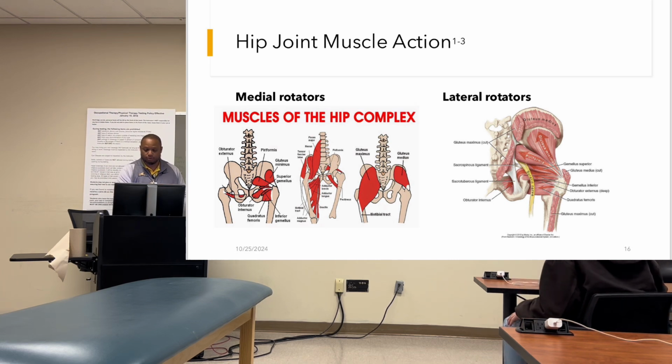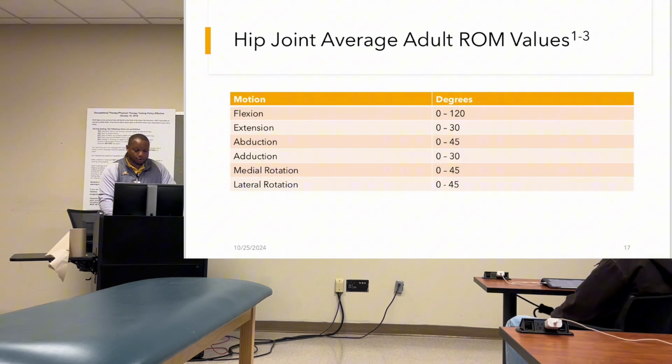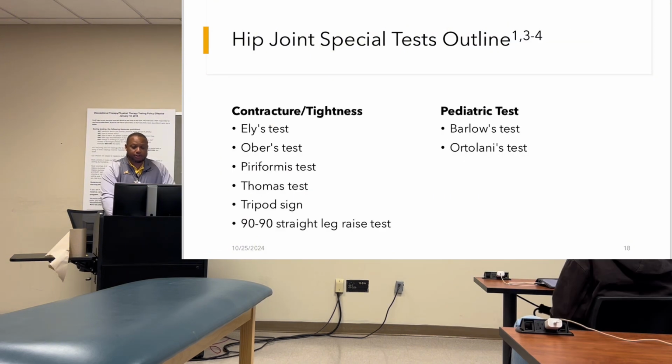These are just visuals, right? Hip joint average adult range of motion values. You can compare these with your Norton and White and with Dutton. For contracture tightness, you have your Ely test, Ober's test, piriformis test, Thomas test, tripod sign, and 90-90 straight leg raise test. We will most definitely be going through the majority of these in lab.